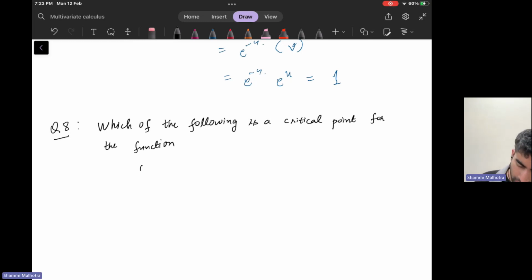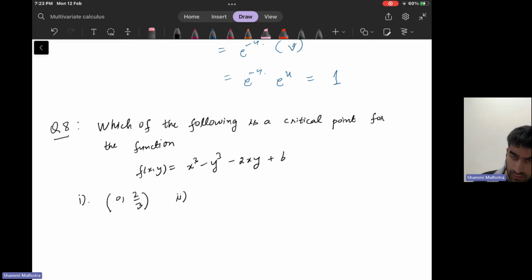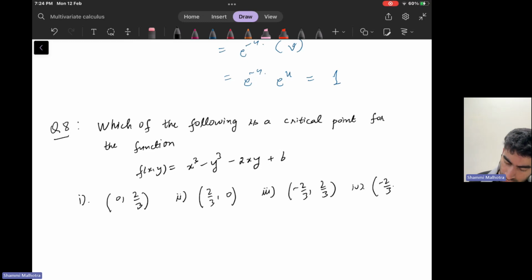The function is given as x cube minus y cube minus 2xy plus 6, and the points are (0, 2/3), and then another point is (2/3, 0), and then another point is (-2/3, 2/3), and the final point is (-2/3, 0).